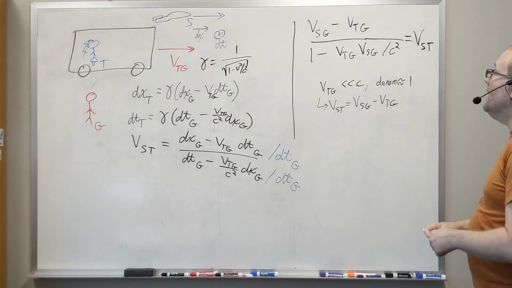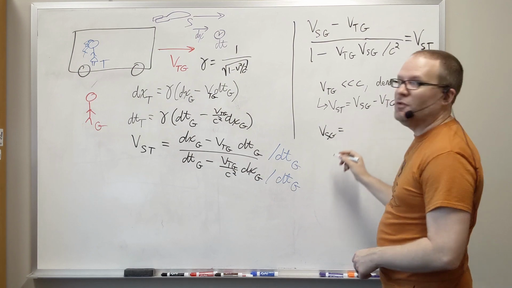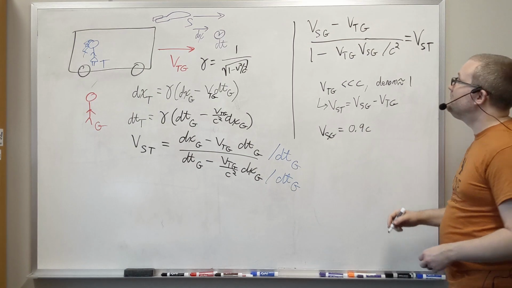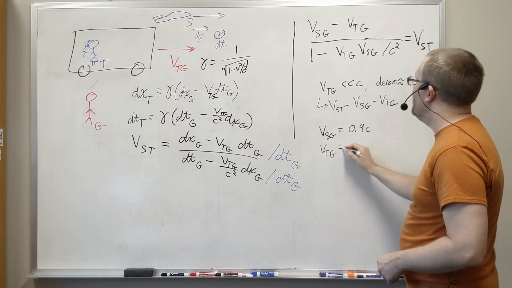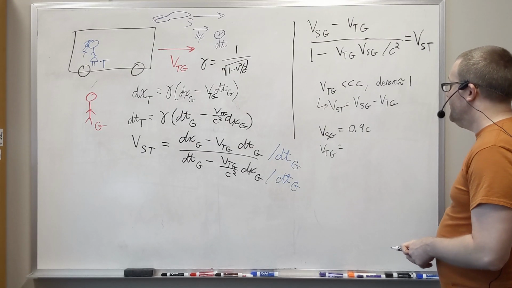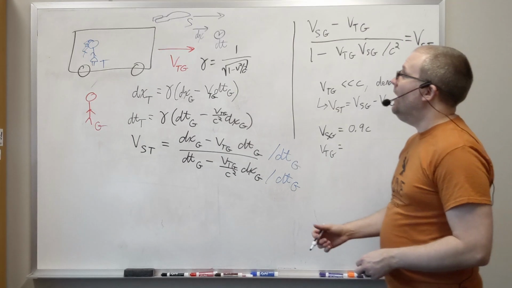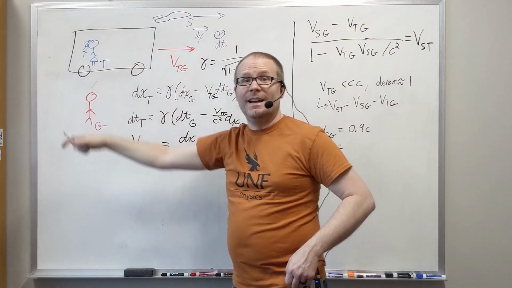So let's suppose that the velocity of the ship as measured from the ground is really fast. Let's suppose it's 9/10 the speed of light. And let's suppose that the velocity of the train as measured from the ground is also really fast, but actually going in the opposite direction. Let's suppose it's going 0.9 c to the left.